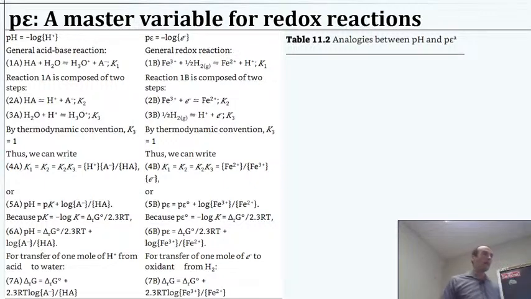We also get thermodynamics that's quite similar. We can look at what happens if we transfer 1 mole of H or 1 mole of electrons. And all of this turns out to be very, very similar. So I'm not trying to get you to memorize any one piece of this. I'm just showing you how closely these two systems overlap.